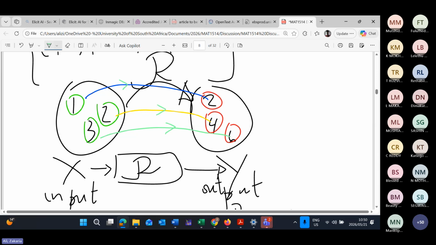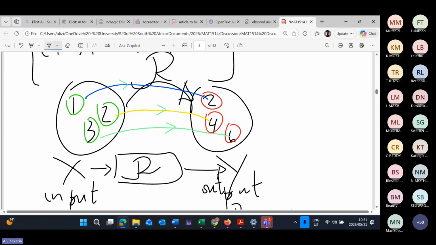Now, the domain is the first set, which is, let's say, our ordered pairs R, which combine 1, 2, 2, 4, and 3, 6, and so on. It takes the first one as the domain of the function, and the second one is the range of this function. So the domain is the one that contains 1, 2, and 3, and the range is the one that contains 2, 4, and 6.